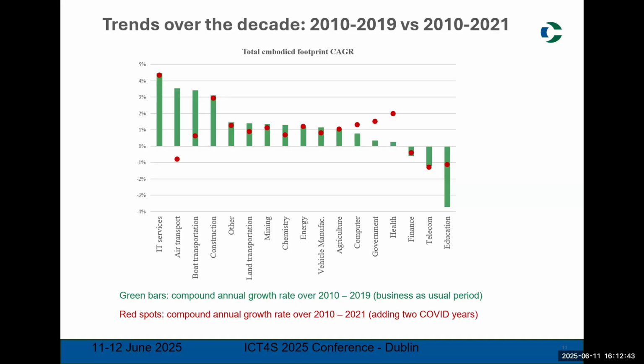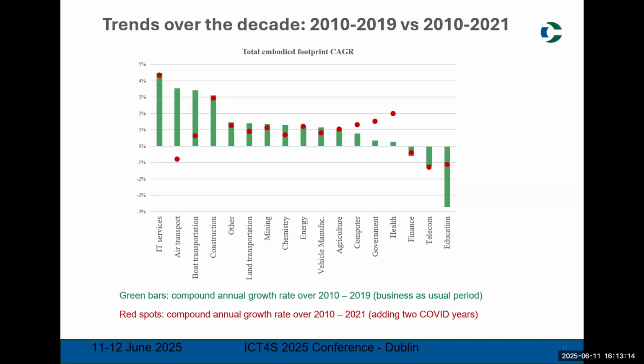And there are only three sectors that exhibit a decreasing trend over the entire time span. Looking at the business as usual period, it's finance, telecom, and education that exhibit a decreasing trend over the 2010 to 2019 time period.